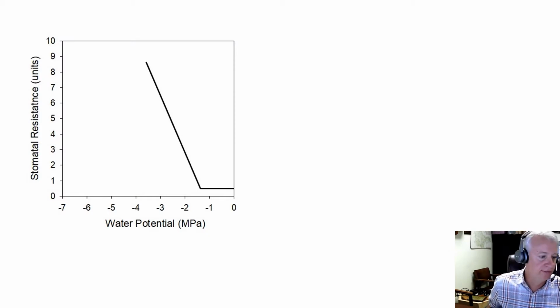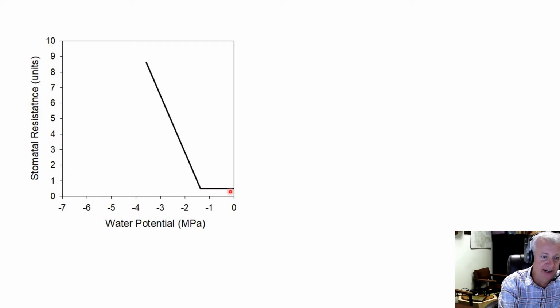In terms of response to leaf water potential, stomatal resistance tends to have a threshold response. So this is an example here of a threshold response where over some range of water potential, there's no change in stomatal resistance.